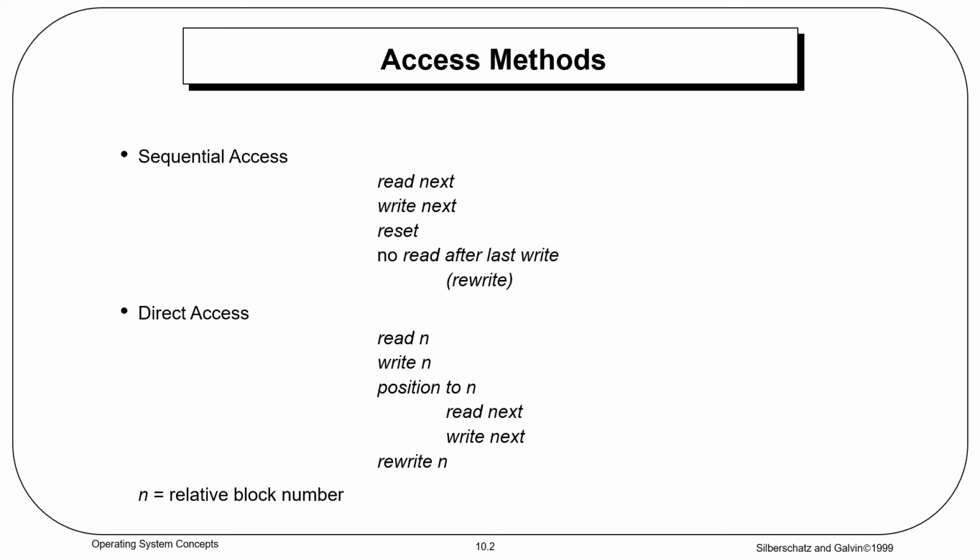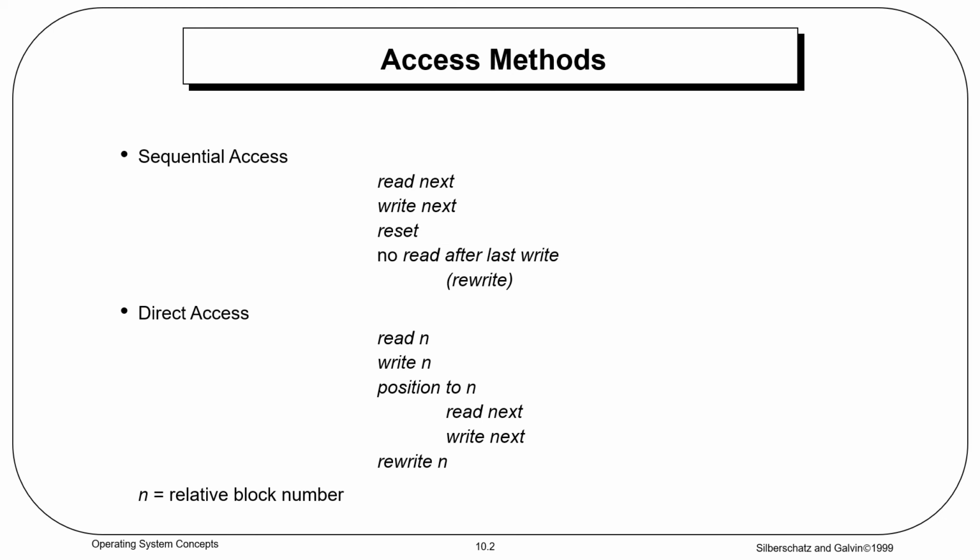Similarly, the write operation, write next, appends to the end of the file and advances to the end of the newly written material. Such a file can be reset to the beginning. On some systems, a program may be able to skip forward or backward n records for some integer n. The maximum n is equal to 1.